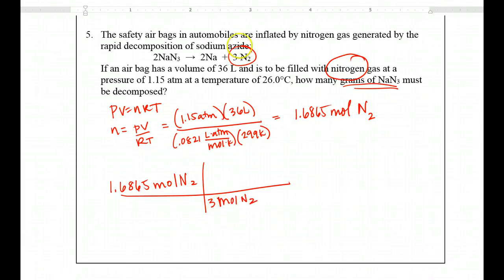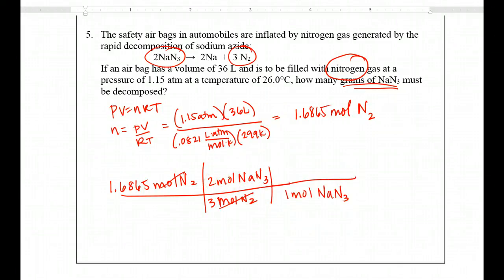So I'm going to put that on the bottom so that moles of N2 will cancel out. And that's for every 2 moles of NaN3. And then our last step is to convert to grams. So 1 mole of NaN3, 65.00987 grams. And if we go ahead and crunch those numbers out, we would get 73 grams of NaN3.